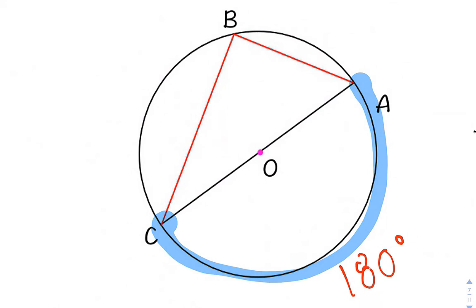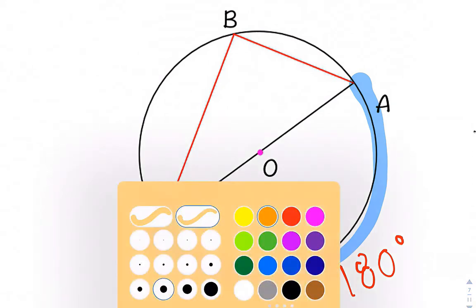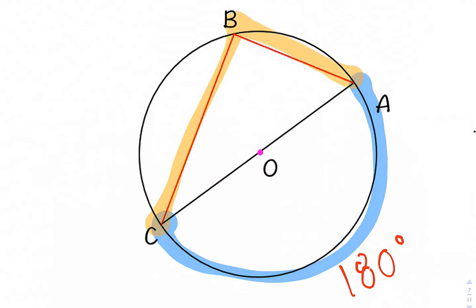Well, if I think about, okay, this inscribed angle here, let's go ahead and make this orange, is eating that 180 degree arc. Well, remember, you cut that in half, so you divide by 2. And so what does that mean? This means angle B is a 90 degree angle.